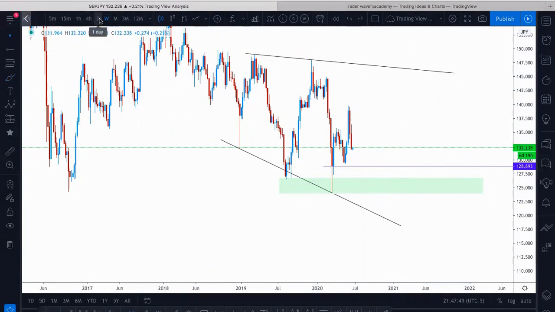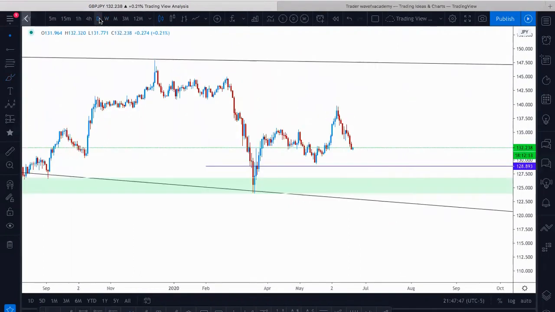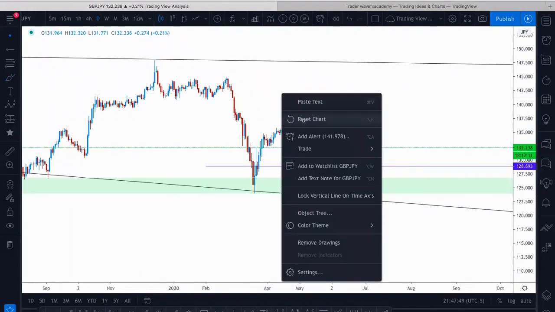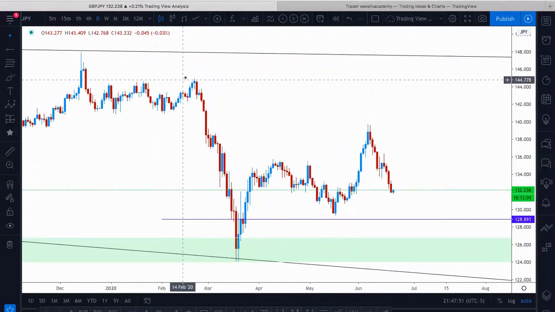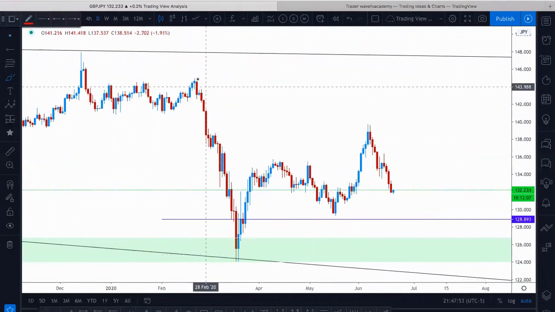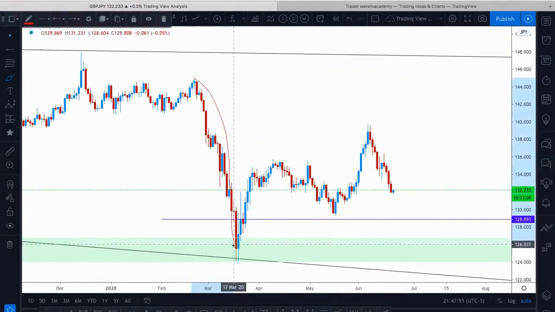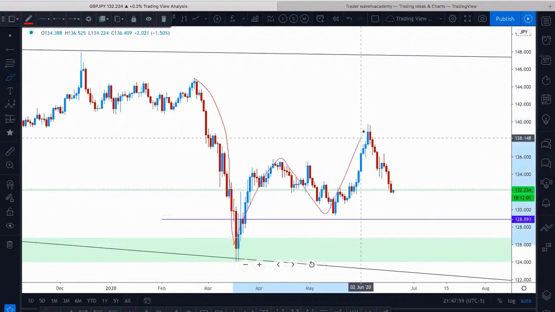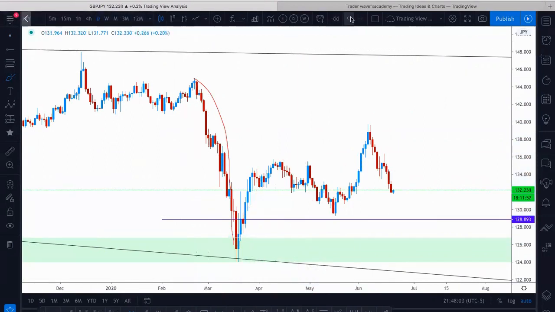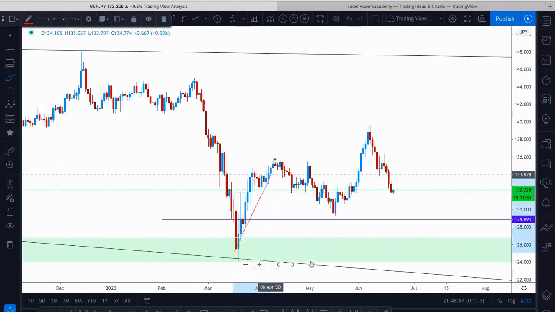If we take things down to the daily time frame, we can identify where the market has recently created this impulsive move to the downside, followed by this corrective structure. Now in this correction, we can also notice where the market has created this move here.